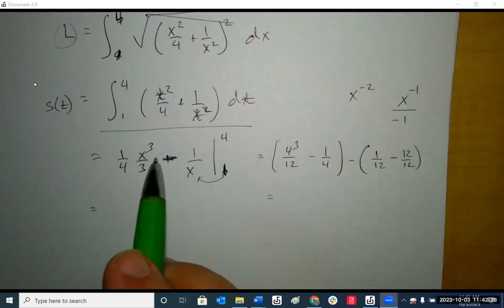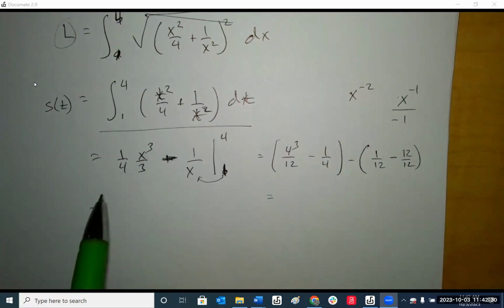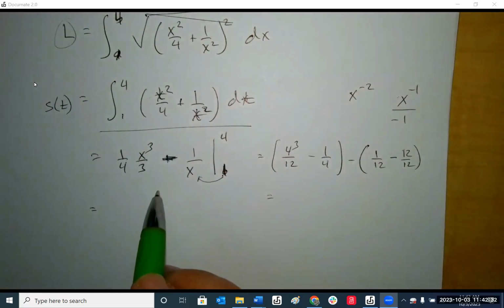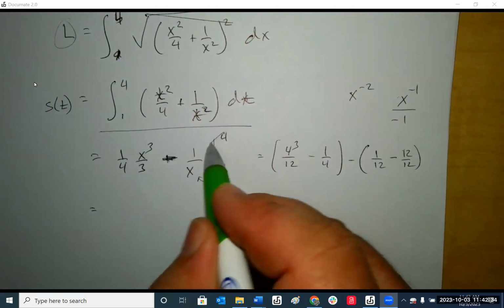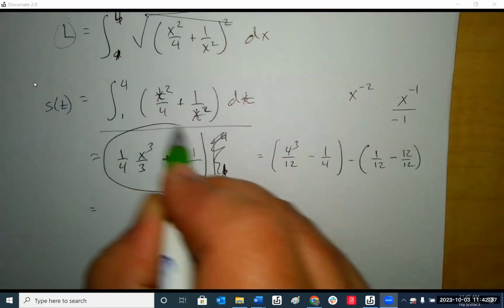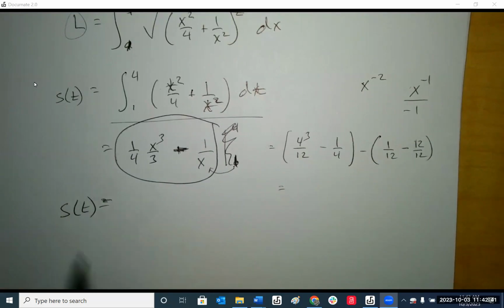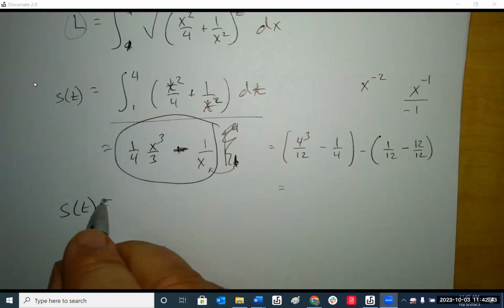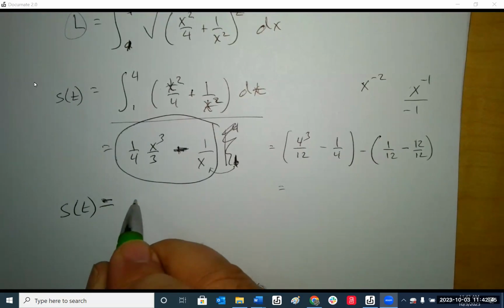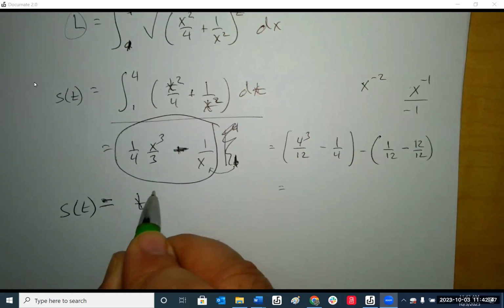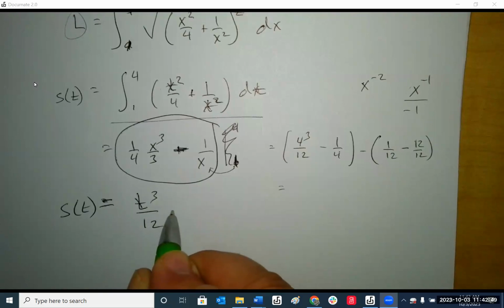Once we get to the integral part, we have our formula for the length: t cubed over 12 minus 1 over t.